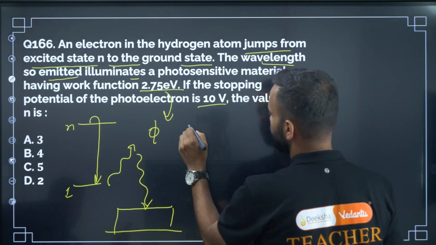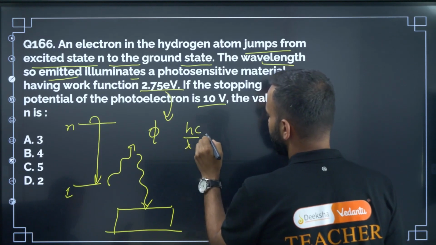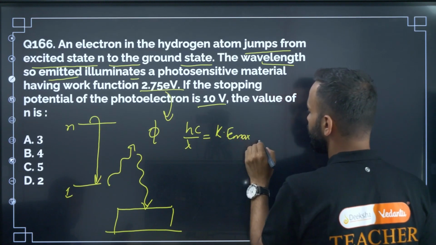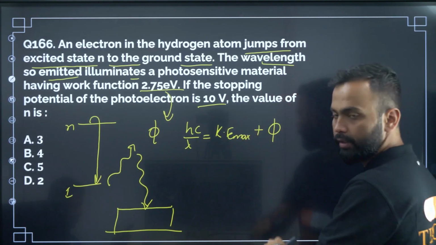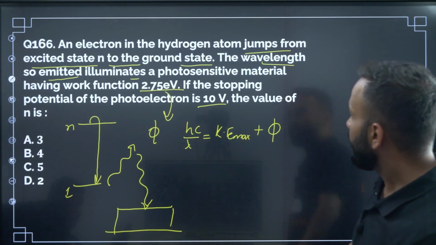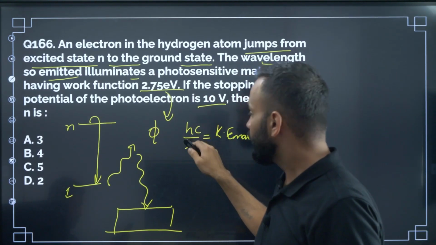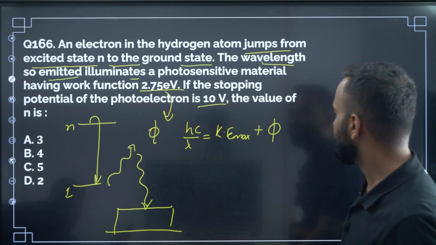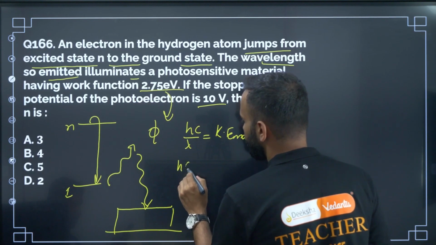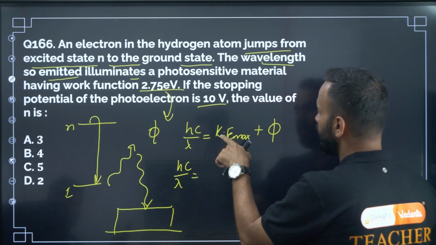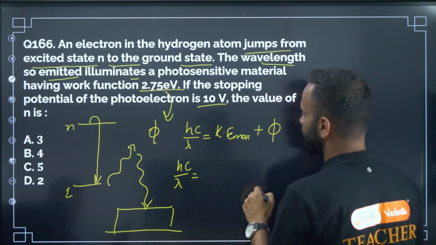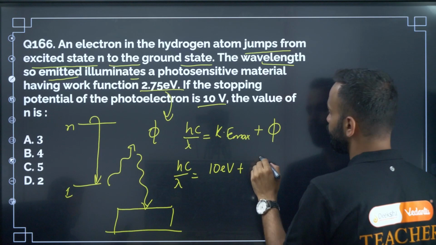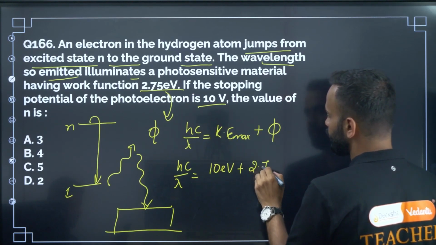The energy of the incident photon, hc by lambda, is equal to the maximum kinetic energy of the photoelectron plus the work function of the material. Here the stopping potential is 10 volt, so the maximum kinetic energy is 10 electron volt. So hc by lambda is equal to 10 electron volt plus phi, where phi is 2.75 electron volt.